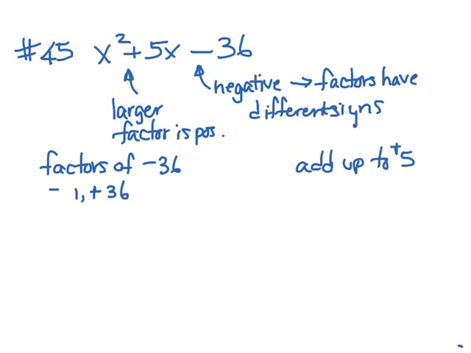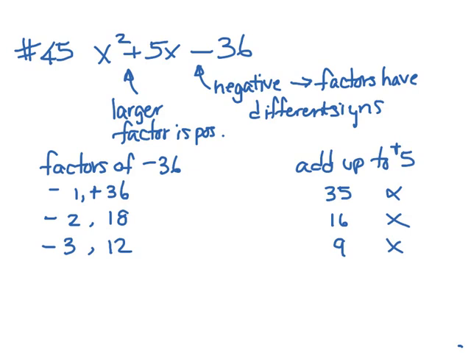And that doesn't add up. That adds up to 35, so that one doesn't work. I can try negative 2 and positive 18. That adds up to 16. That doesn't work, right? 3 goes into 36. I have negative 3, positive 12. Look at that. We're getting a little bit closer.